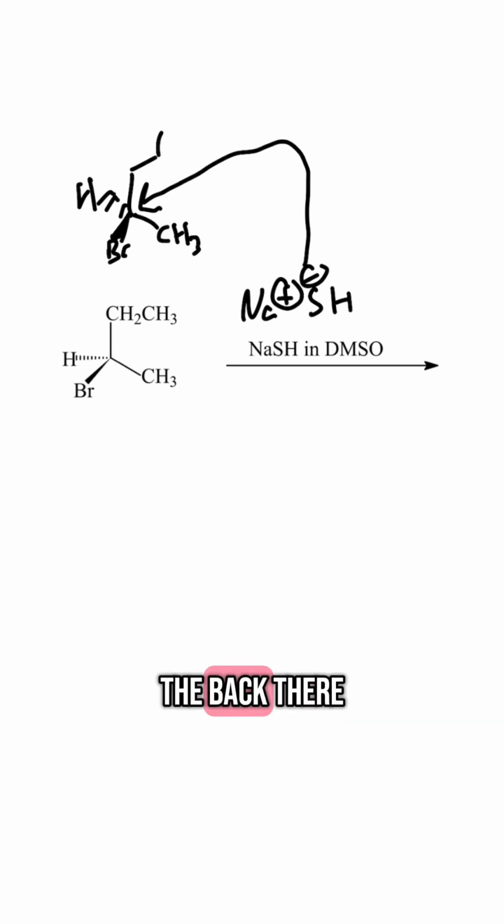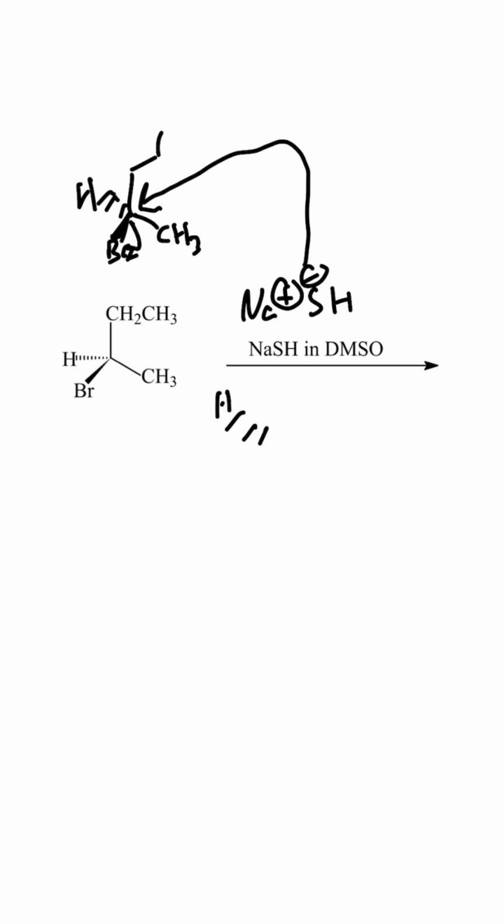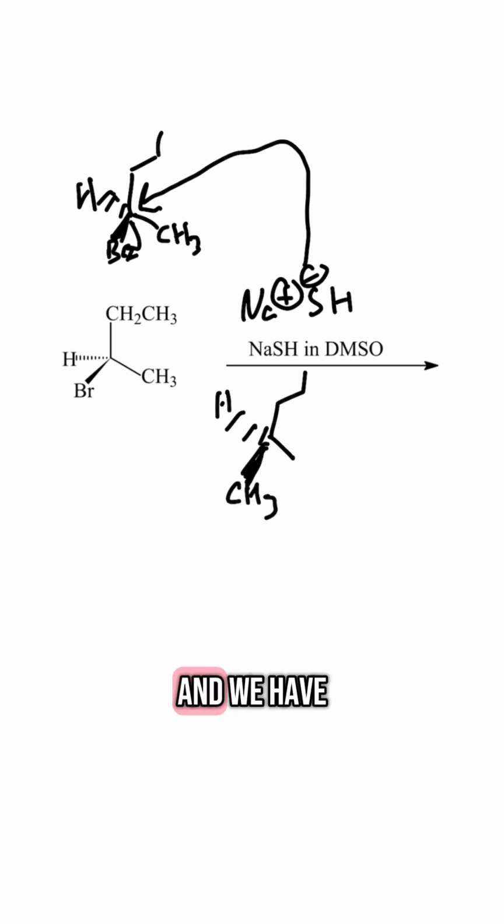So it's going to come in from the back there, and it's going to push off this Br. And what we're going to be left with is this product right here. And we have our thiol on there now.